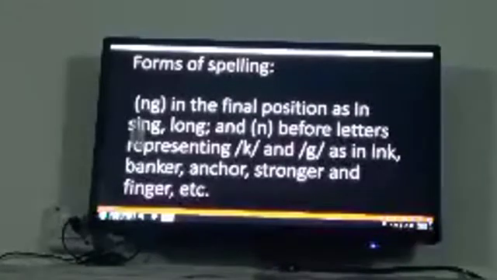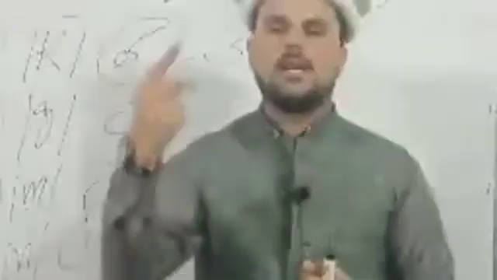So today we talked about five sounds, and completely so far we have talked about nine. I would just repeat. First, p was the first sound. Second, b was the second sound.